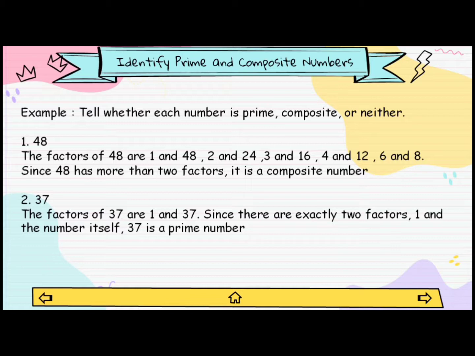Since 48 has more than 2 factors, it is a composite number. For example, number 2, the factors of 37 are 1 and 37. Since there are exactly 2 factors, 1 and the number itself, 37 is a prime number.